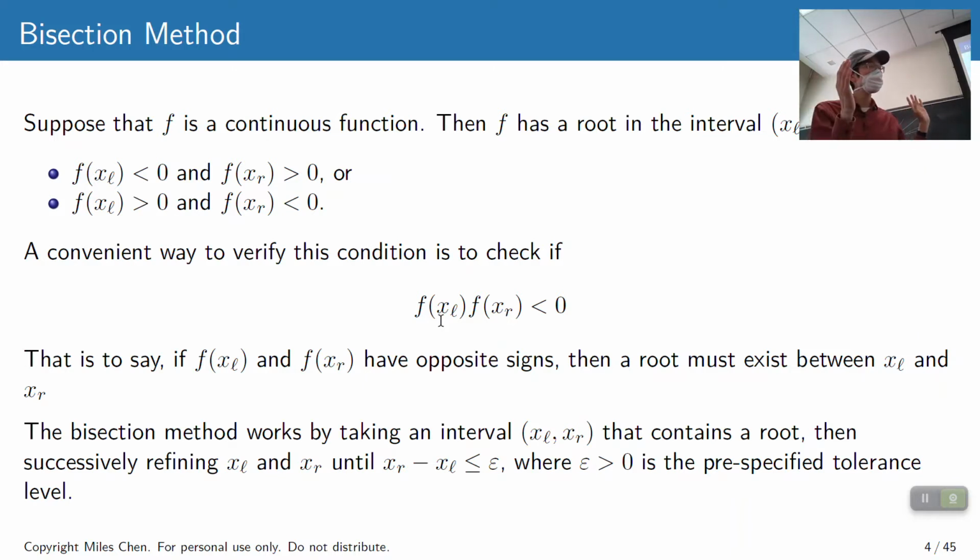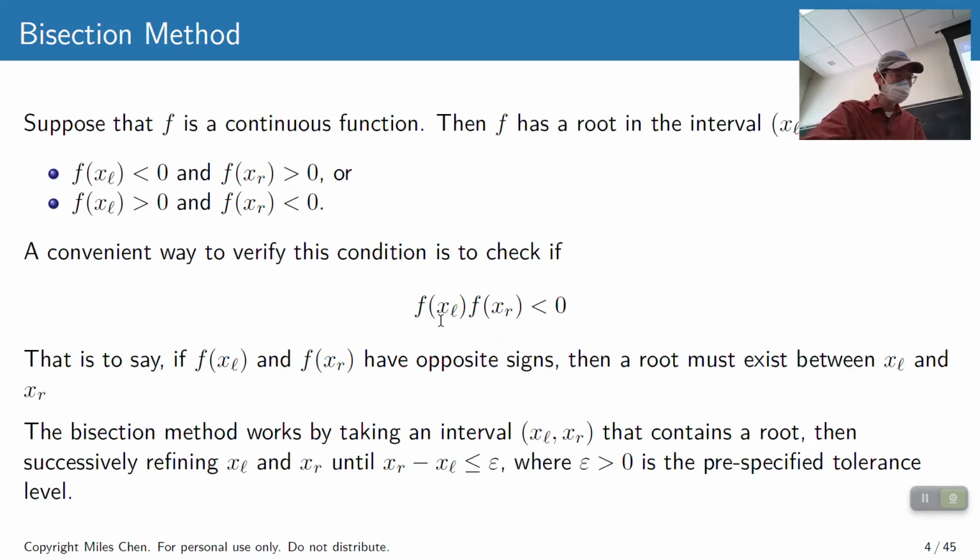So f of x on the left has to be negative, and f of x on the right has to be positive, or f of x on the left has to be positive, and f of x on the right has to be negative. A simple way to check if they have opposite signs is you multiply f of x on the left and f of x on the right, and as long as that result is negative, then you know one is negative and one is positive. So as long as they have opposite signs, then we know that a root has to exist between x on the left and x on the right.